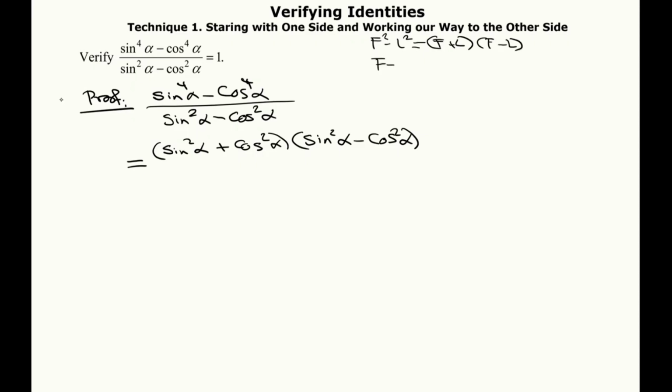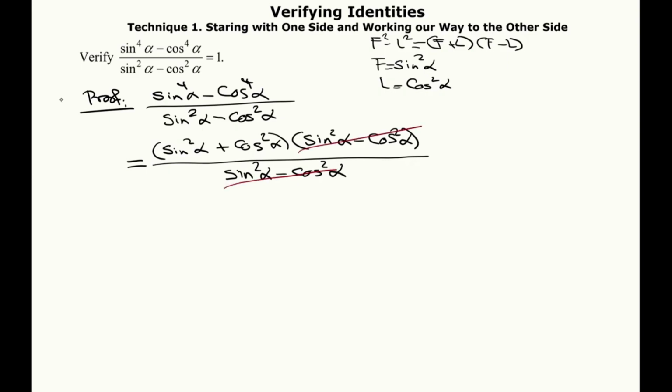Here f was sine squared alpha and l was cosine squared alpha. And then over sine squared alpha minus cosine squared alpha. And of course, you can now see these two expressions are going to cancel out.